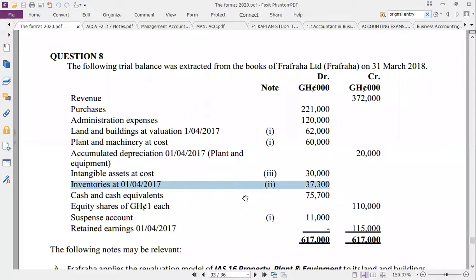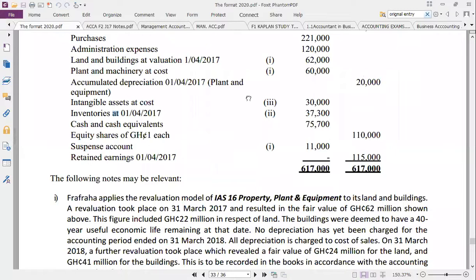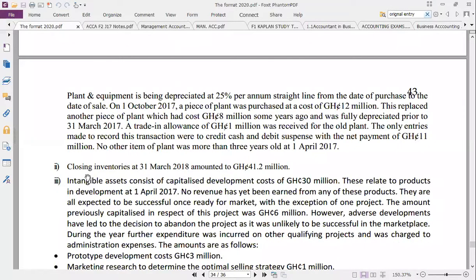That means the closing inventory will be given to you in a footnote. Let's go and see. Closing inventory, note 2. Here it is. So closing inventory must be in a footnote.